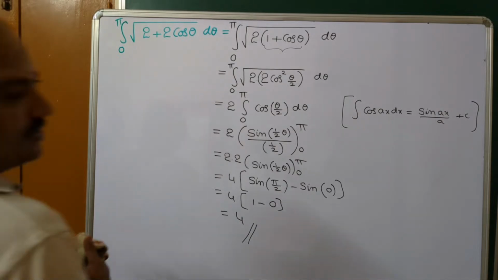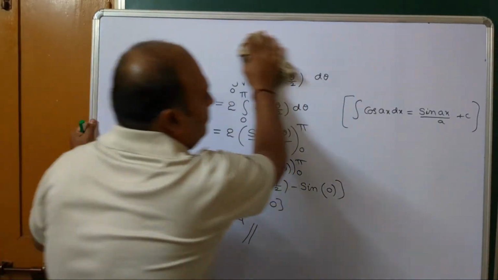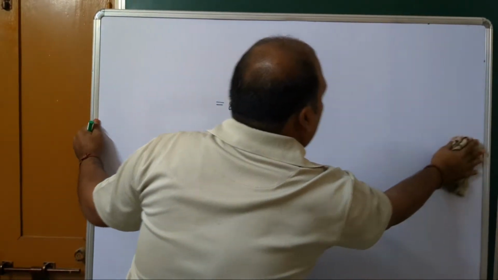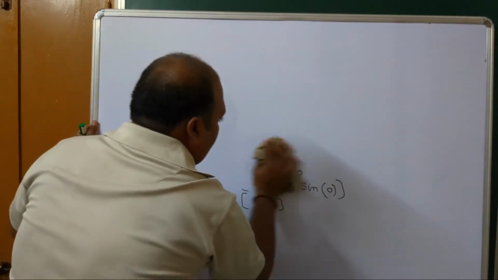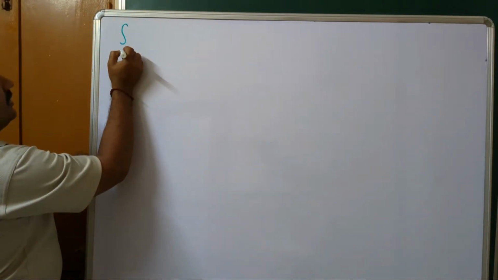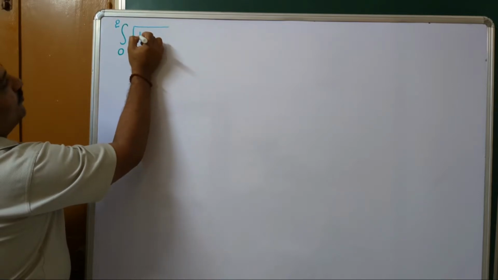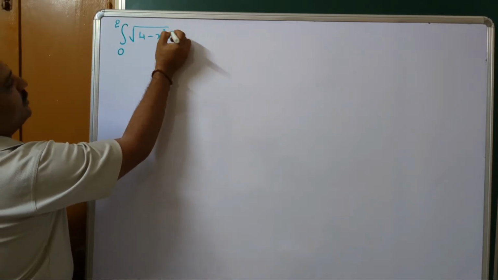Yeah, another question. Evaluate integral 0 to 2 square root of 4 minus x square into dx.